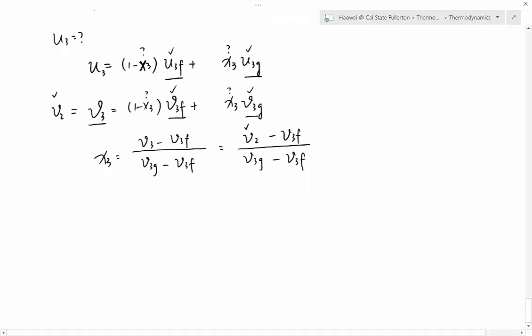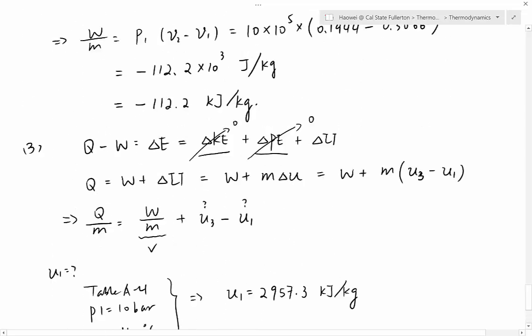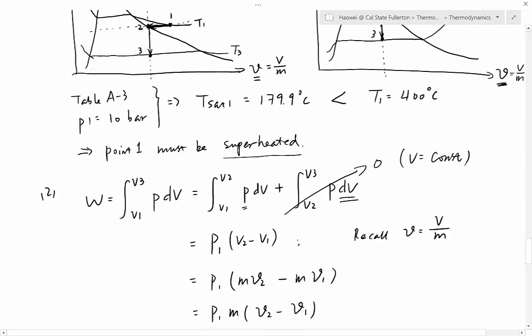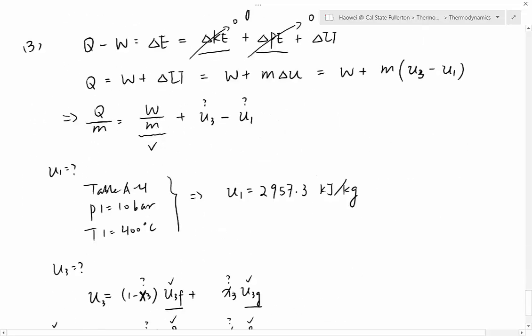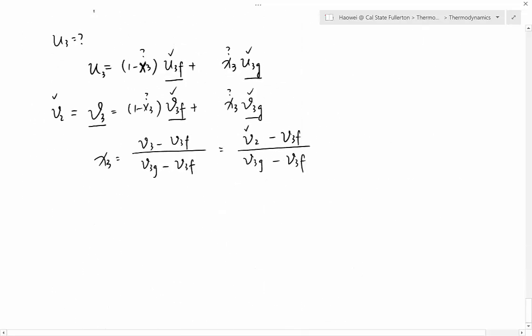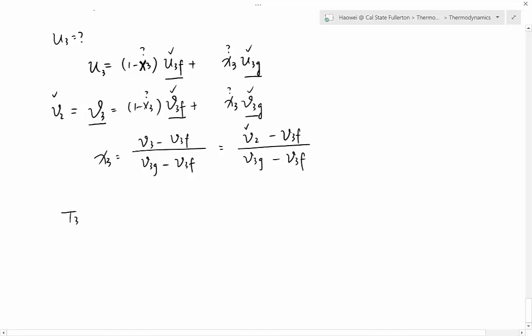So how do we look for those? Point F or point G? What do we know about point 3? The final point. Water is cooled at constant volume to 150 Celsius. So we know the final temperature, T3, which is equal to 150 Celsius.